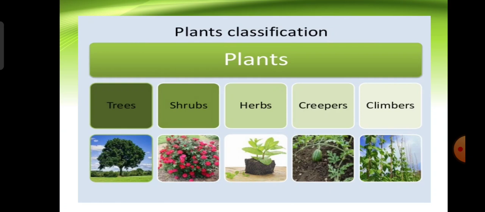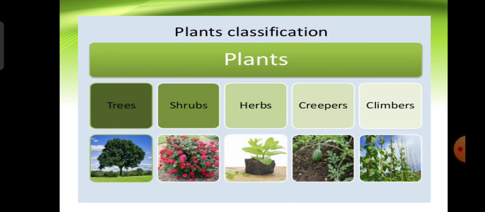So what are shrubs? Shrubs are small, medium-sized woody plants, taller than herbs and shorter than a tree. So it is in between a tree and a herb. Their height usually ranges between 6 meters to 10 meters tall.